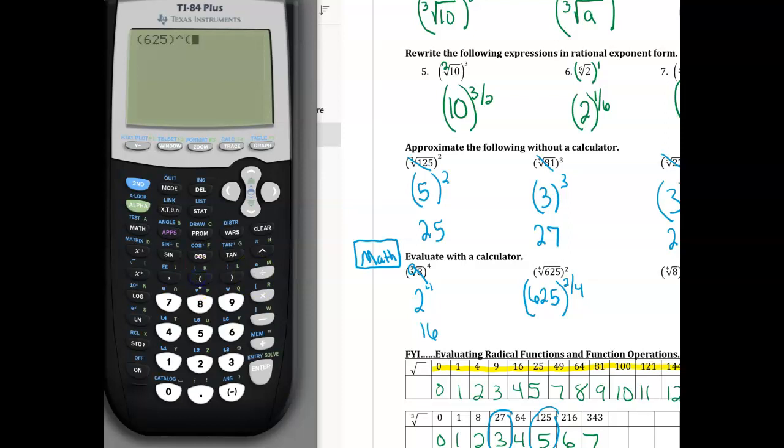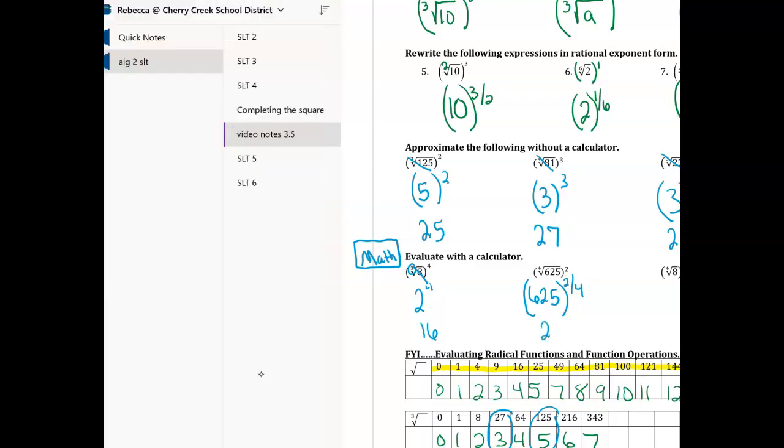So I'm going to wrap 2/4. You could also simplify that. Wrap that in parentheses, although it missed the 2. And now hit enter, and it's going to give me 25.